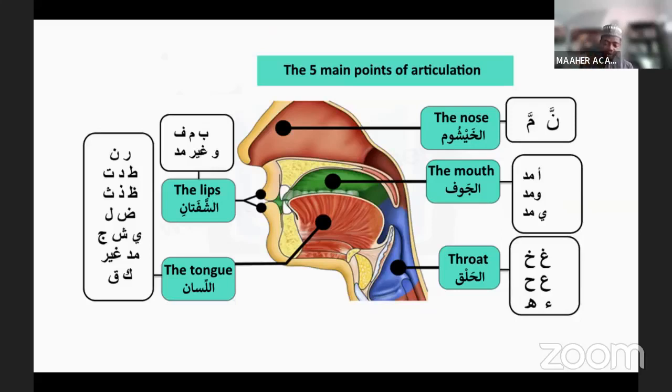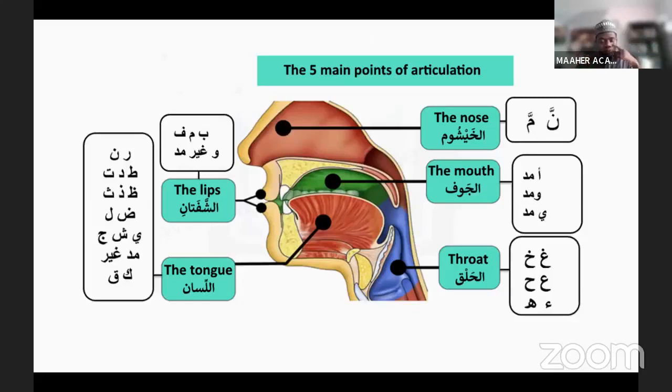And all those 29 letters come out from 5 different regions of our mouths, the speech system of the body. So there are 5 regions of the mouth or the speech system where the letters come out from. And you need to know which letter comes from which part so that you can know how to pronounce them correctly.